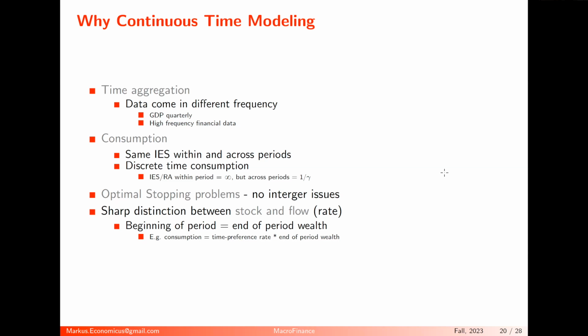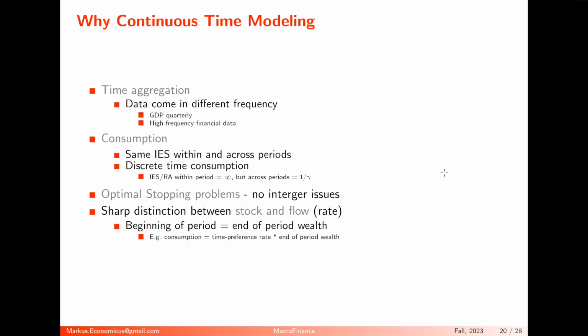Now, the other thing is, if you think about consumption, it's the same thing. It's not that you consume at the end of the month or the end of the quarter. You consume perhaps not right now, but you consume during a lecture. You consume something all the time. So essentially what we do is we just sum up within the quarter, and then we have a concave utility function across the quarter.